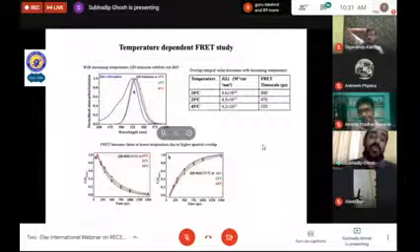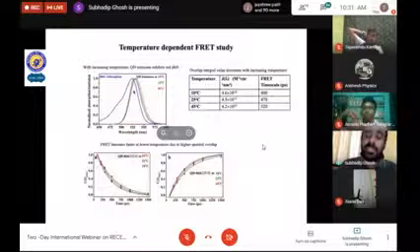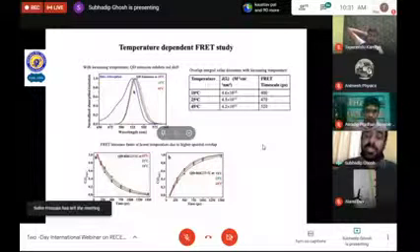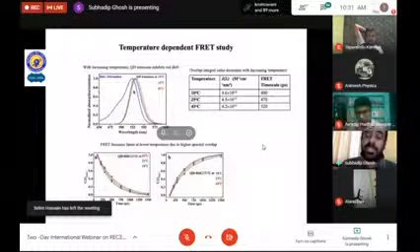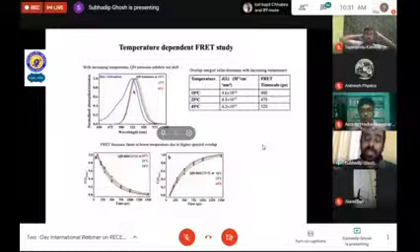This is the TEM image, and this briefly shows the separation method. After the spectroscopic studies, we found that in the crude carbon dot sample there is excitation dependent emission, but after careful separation of the carbon dot into different batches, we found there is not at all any excitation dependent emission property. So now I'm going to conclude.